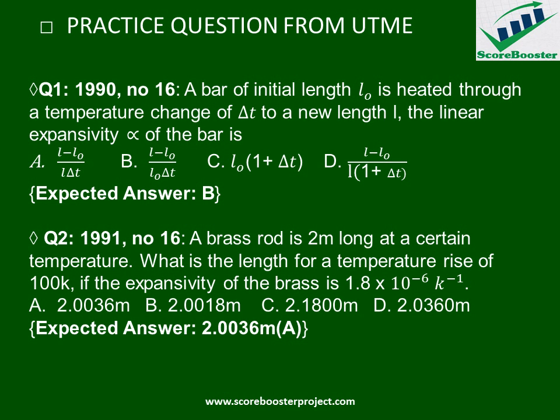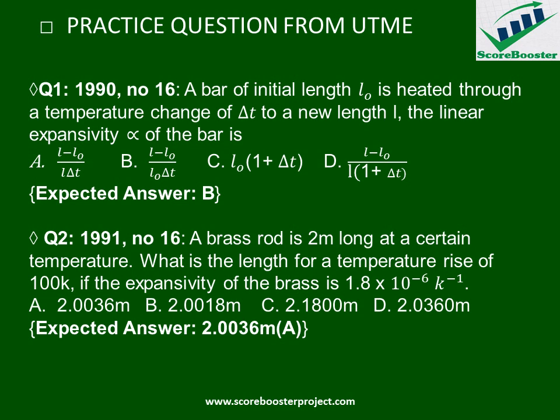Now on to practice questions. The first question here for your practice comes from 1990, number 16, and the question goes thus. A bar of initial length L0 is heated through a temperature change of delta T to a new length L. The linear expansivity alpha of the bar is dash.